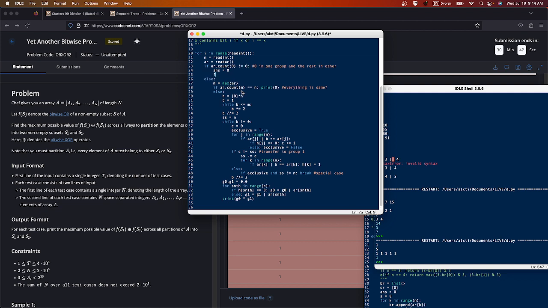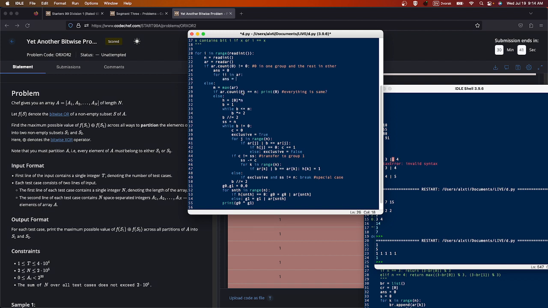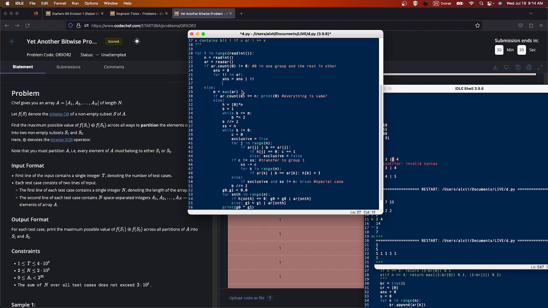So let's for i in AR, answer equals answer or i.